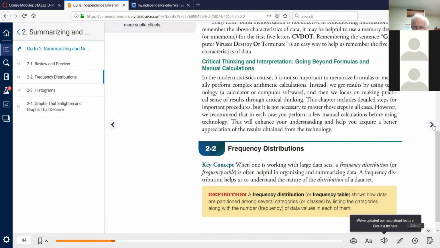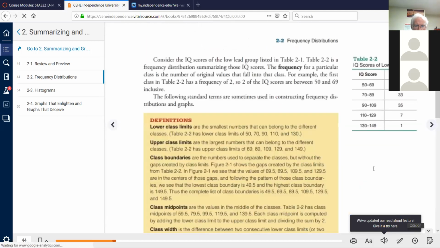So let's take a look at a couple of ways of looking at data. Frequency: we generally want to place our data in what we call classes.